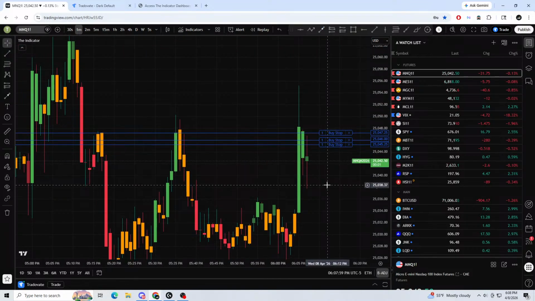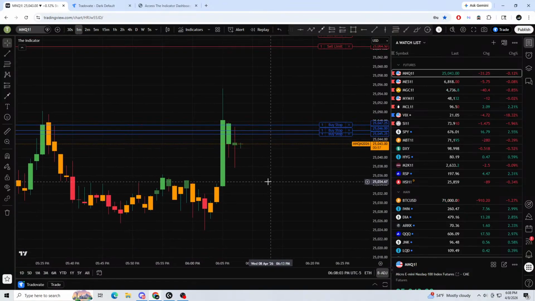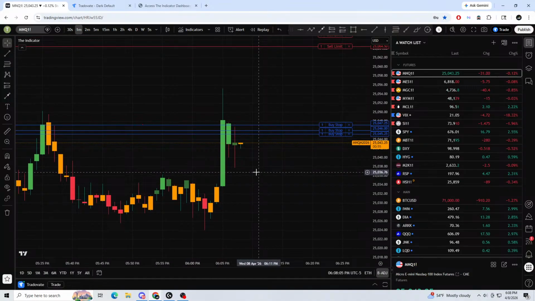notice here that we're still kind of holding. What the indicator is doing is looking at 50 other indicators, and essentially I'm getting the data from 50 indicators from these candles.